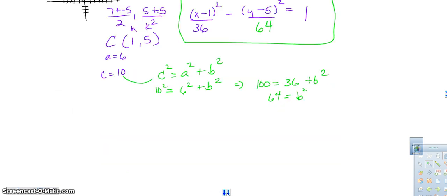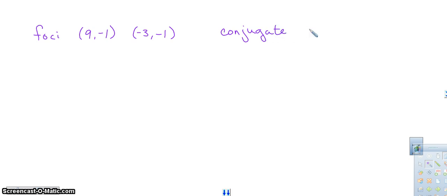Alright, let's try another one. What if I tell you that you have foci at 9, negative 1 and negative 3, negative 1, and a conjugate axis of 6 units? If I know the two foci, I can find the center.